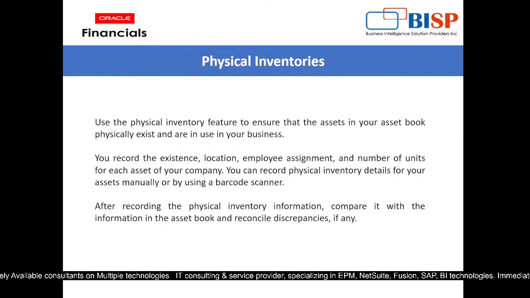So when we were adding the asset, there is an option of in physical inventory. We need to check that if your company policy requires you to record physical inventory for your asset. Only assets with the in physical inventory checkbox checked are considered for the physical inventory comparison.